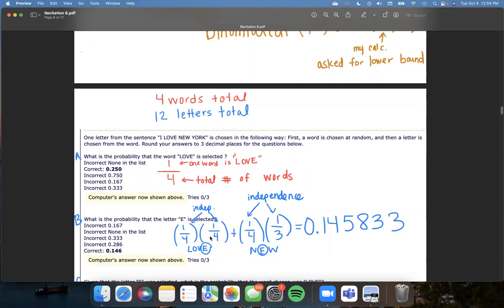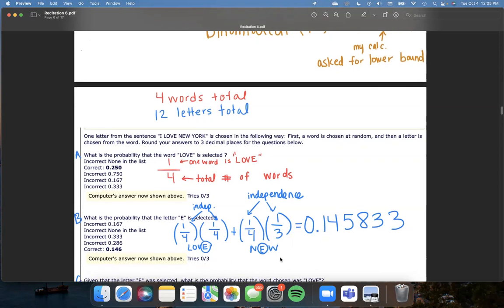We multiply those together and then add that to the probability we select the word new, which would be 1/4 again, and then getting the letter E out of the word new, which would be 1/3. When you put this in your calculator, you should get 0.146.